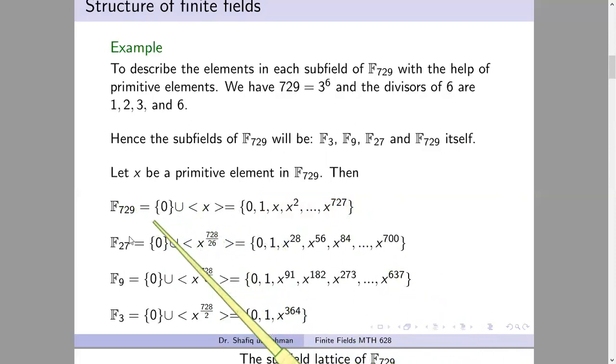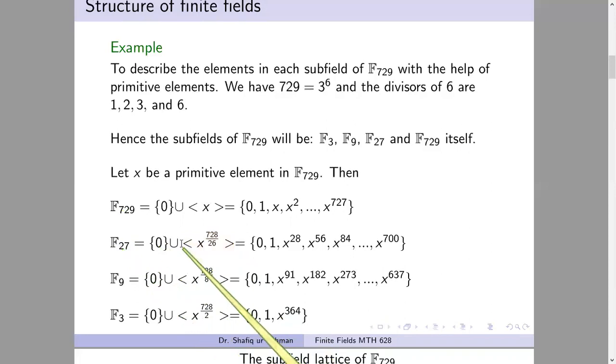Now we want to write the elements of F27. We separate the 0, and the rest must be a cyclic group, because this is a subfield of F729, and its non-zero part will be a subgroup of the non-zero part, F729 star.